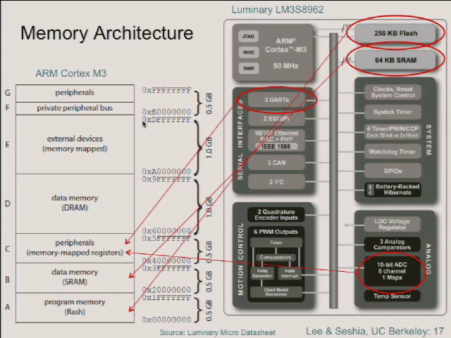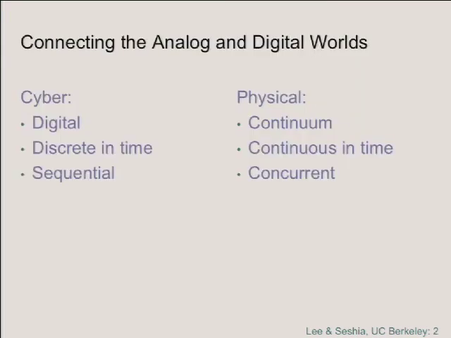Time is a continuum. We can get into philosophical debates about whether it really is or not, but for practical purposes it is. The physical world is concurrent. There's stuff happening at the same time all the time, whereas the software world tends to be very sequential, and we try to create illusions of concurrency, which have artifacts that become a big issue when there's an interface between these things.